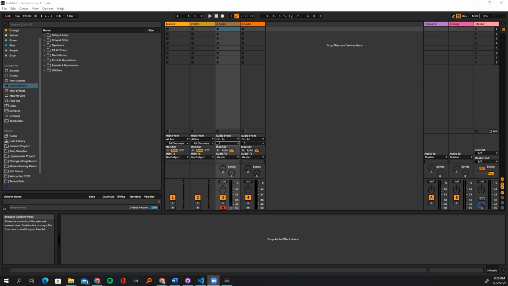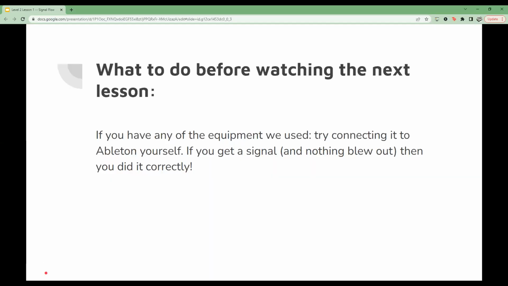So the next thing that you would need to know is how exactly do you practice this video? If you have any of the equipment that we used or anything similar, if you have an audio interface, a microphone, or even a MIDI keyboard, a MIDI keyboard is one of those things that's very easy to connect and understand signal flow.